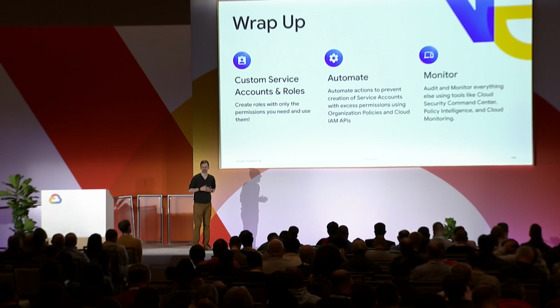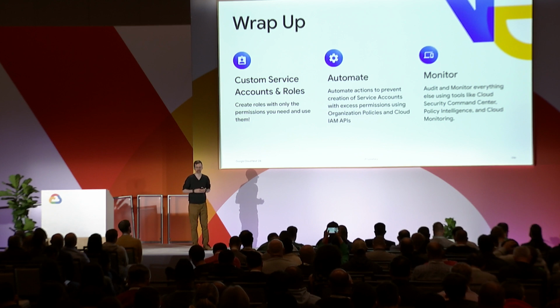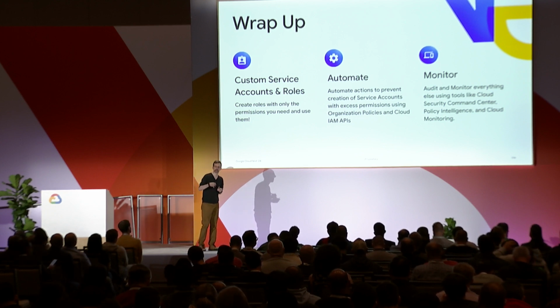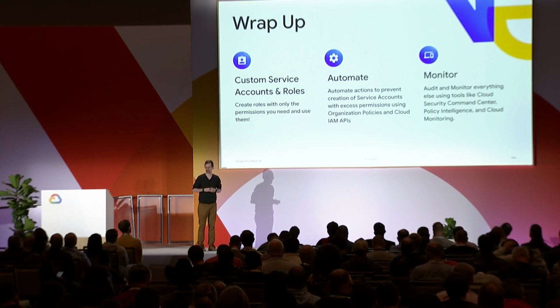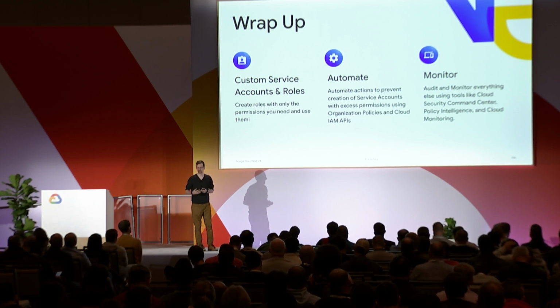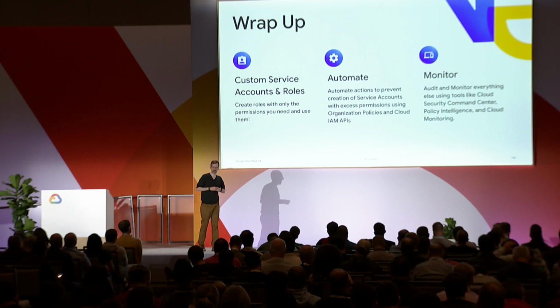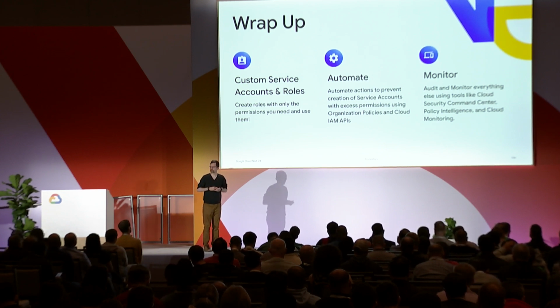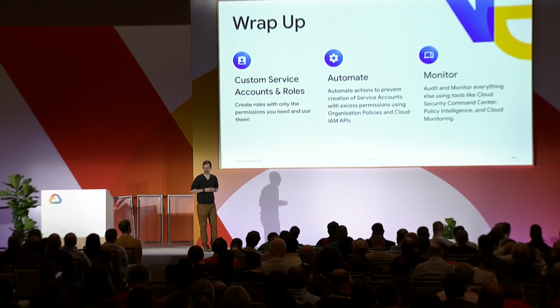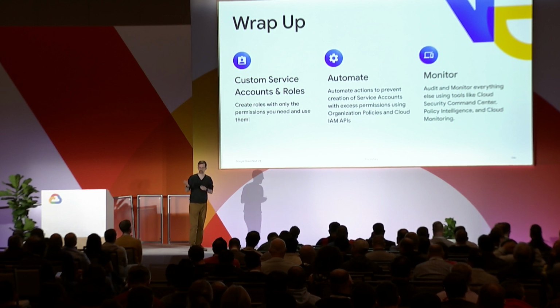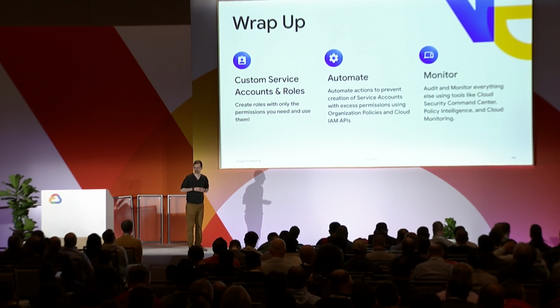And we can make use of things like organization policies in order to make sure that we're not using default service accounts with too many permissions. And we can also use the IAM APIs in order to do different types of automation with actual code and either deploy those to Cloud Functions or run those some other way.